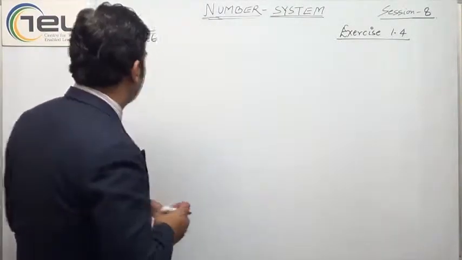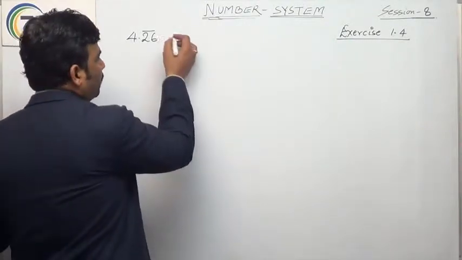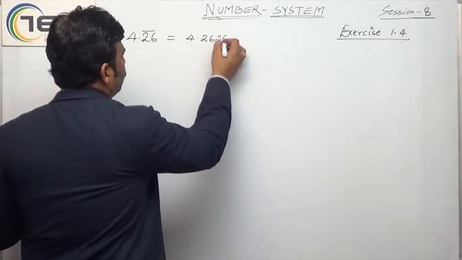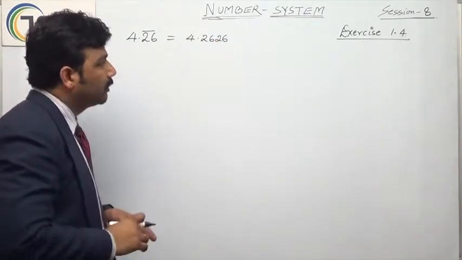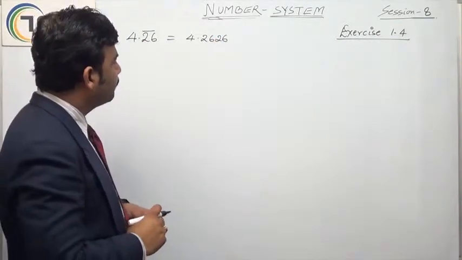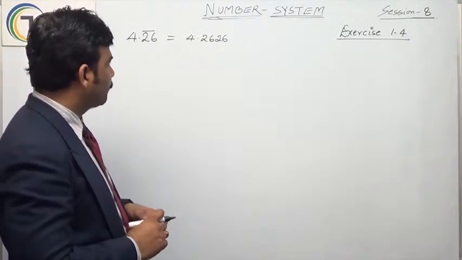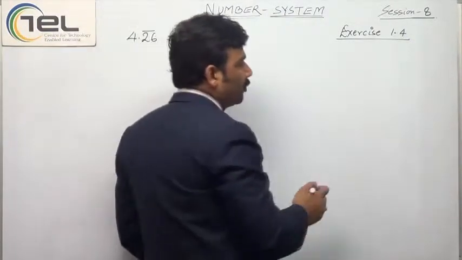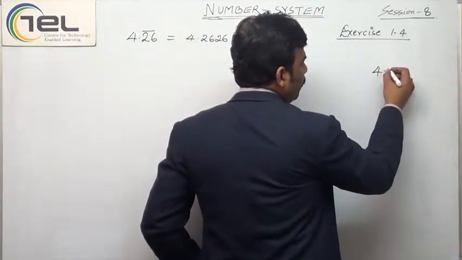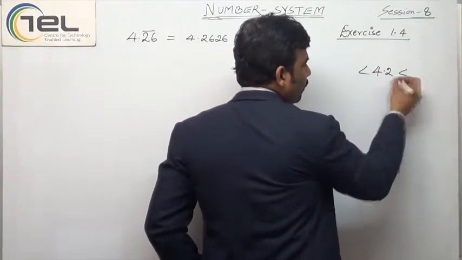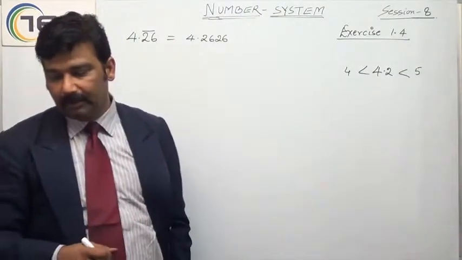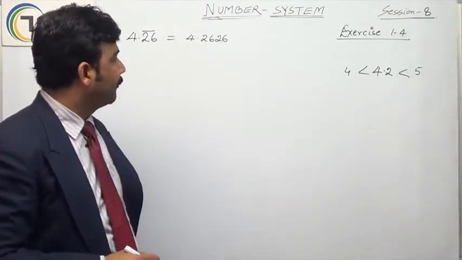We have to analyze up to 4 decimal places. That means I will write it like this: 4.2626. So how can I do it? First of all, I take 4.2, which will lie between 4 and 5.